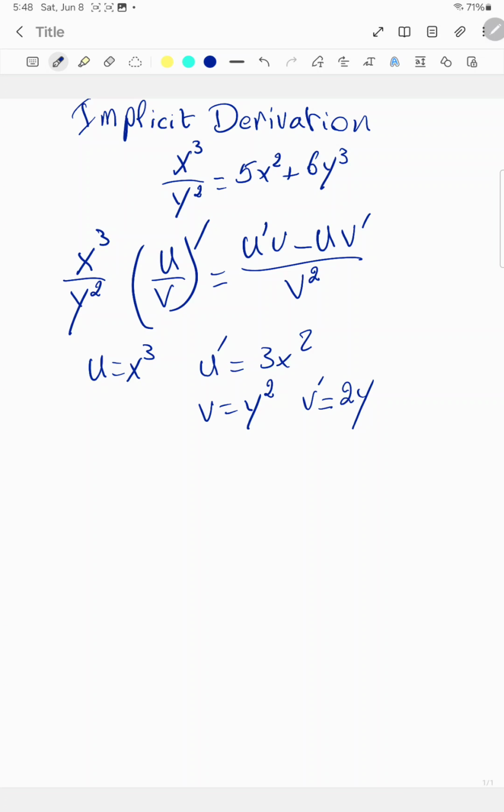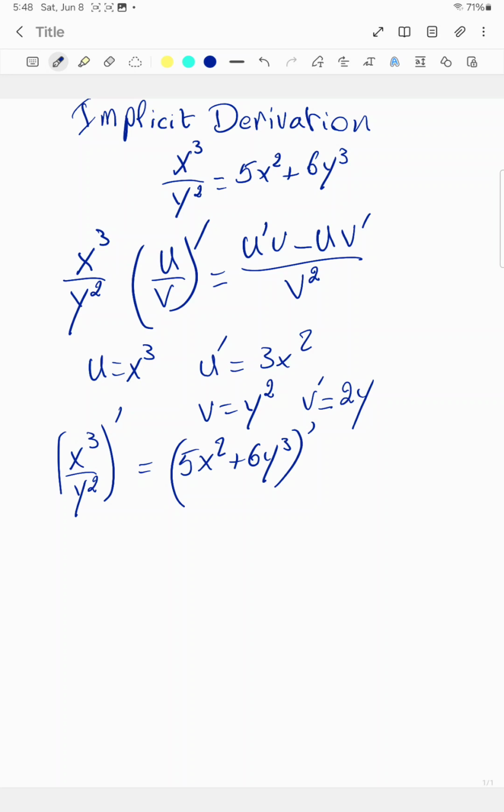Okay? So let's rewrite the function: x to the power of 3 divided by y to the power of 2. I want the derivative of this, equal to 5x squared plus 6y to the power of 3. I want the derivative of that. And when I have x and y, it is implicit derivation.